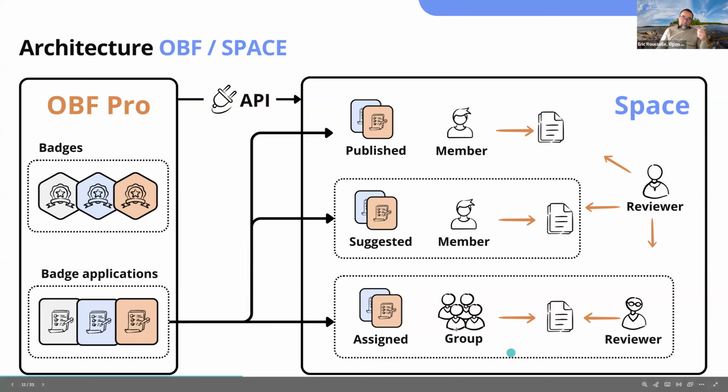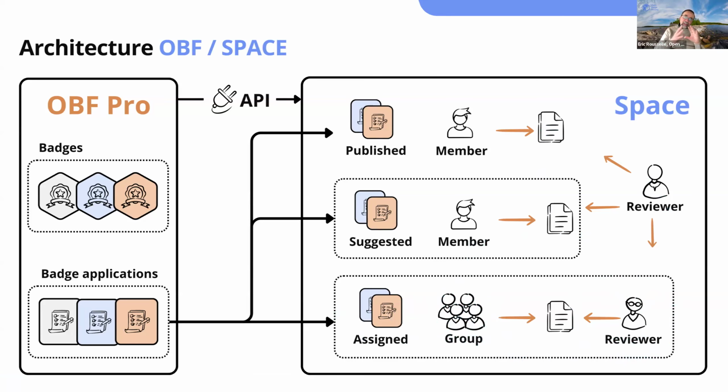But here you see on the bottom that you can also assign badges or badge application to a group. And in this case, only the reviewer of this group will be able to review the badge application of the group, which is very good because then you have this kind of closed area where the reviewing activities are very limited to some bunch of students.